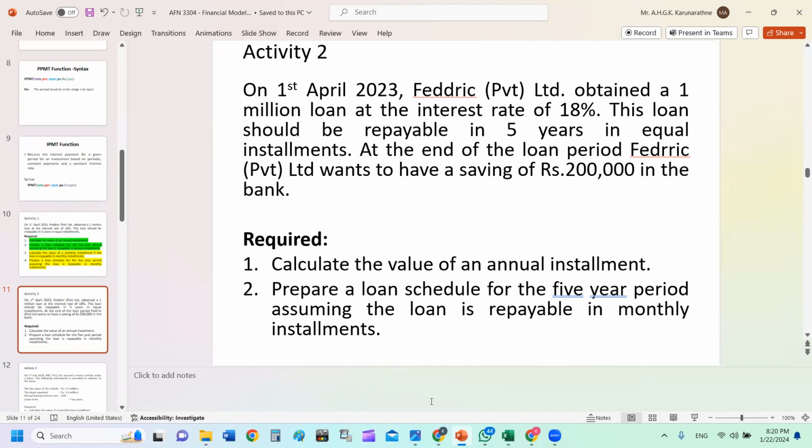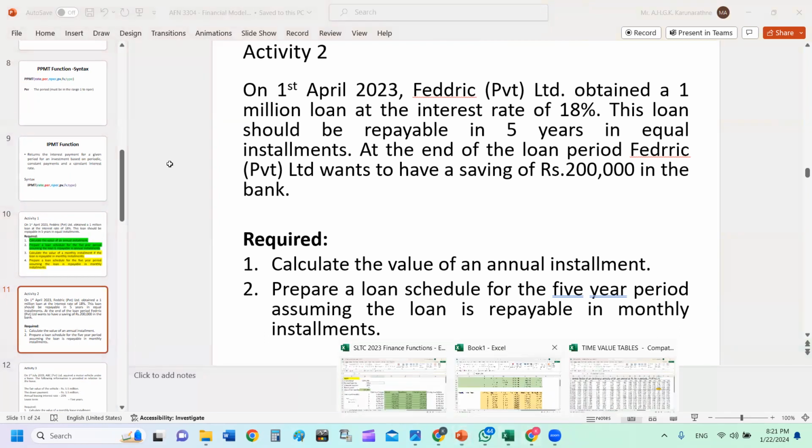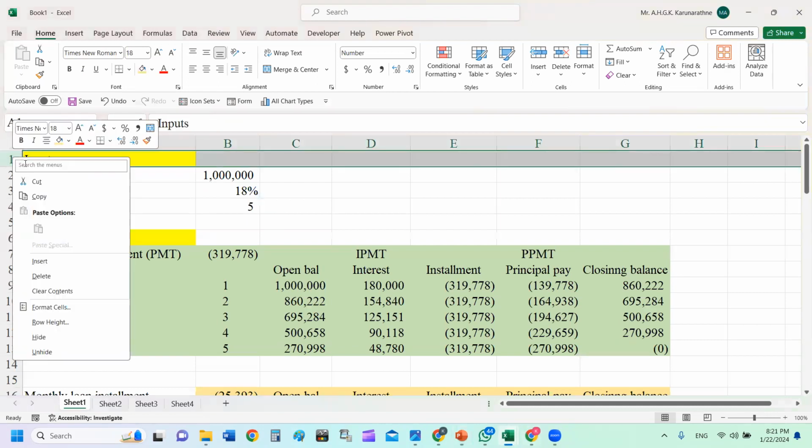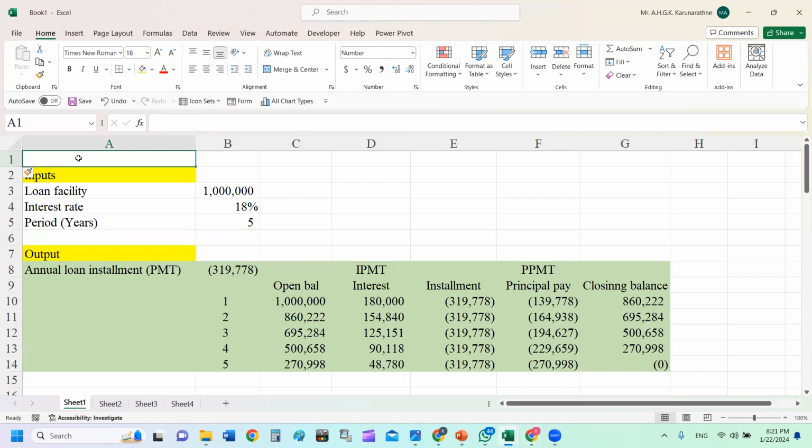Same scenario. So in activity 2 we go to our calculation. Let's say this is our activity 1. I'll share this later, the answer to activity 1.